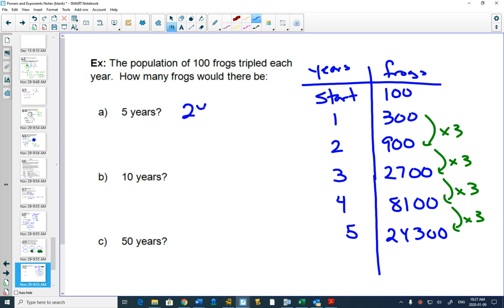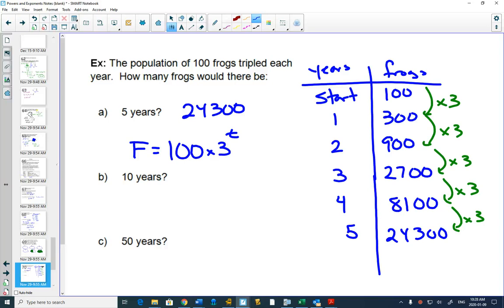Our chart let us figure out 24,300. But if we wanted to figure out a formula for frogs, we started off with 100, and then we tripled for every year. At the end of 1 year, you've tripled once.